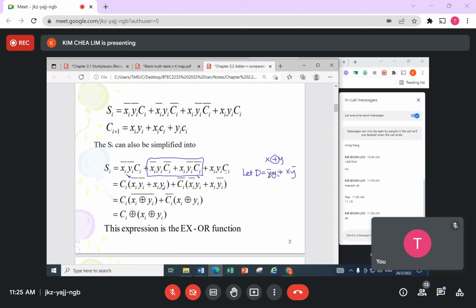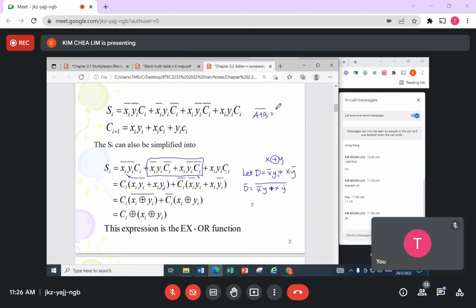Okay, I want to prove this one to you. If I put a bar on this side and also a bar on this side, I add bar on both sides, then you are going to find that D bar is the same as this one. So I apply De Morgan's theorem. What does De Morgan's theorem say? Let's say you have A plus B and a bar across the whole expression.